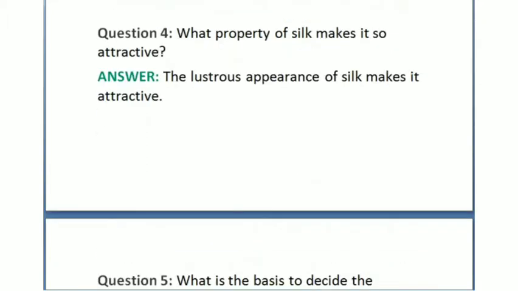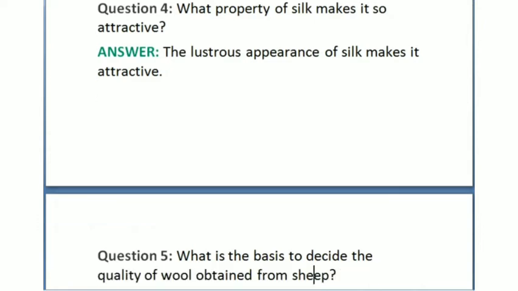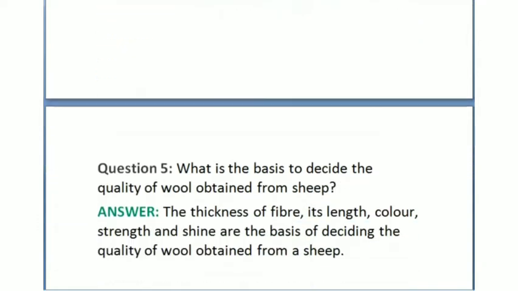Question 4 says, what property of silk makes it so attractive? So the lustrous appearance of silk makes it more attractive, as you must have seen in the video, right? Moving further, question number 5. Question 5 says, what is the basis to decide the quality of wool obtained from sheep?